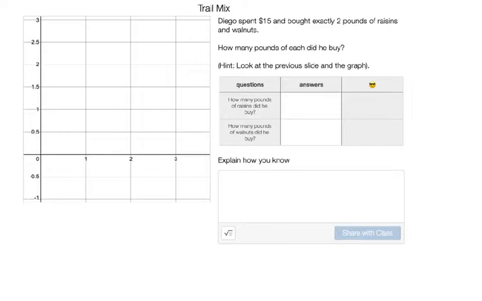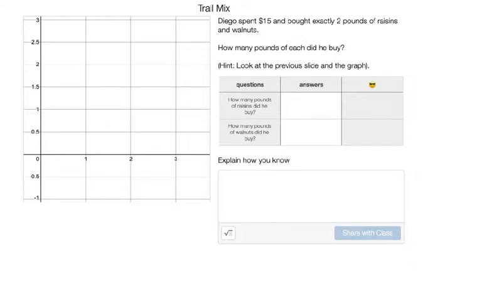Okay, the next slide says, Diego spent $15 and he bought exactly 2 pounds of raisins, which we know that. So how many pounds of each did he buy? So we got to make sure that it works, right? It's got to work in both equations.